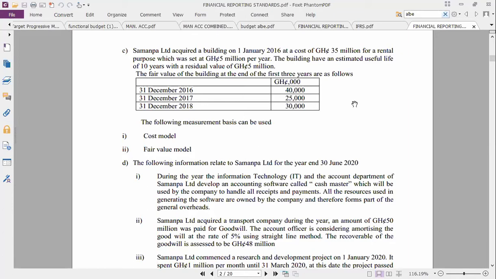So if you want to use the cost model, how are you going to state the assets in the books? Cost model and fair value model. How do you state the asset? Good.